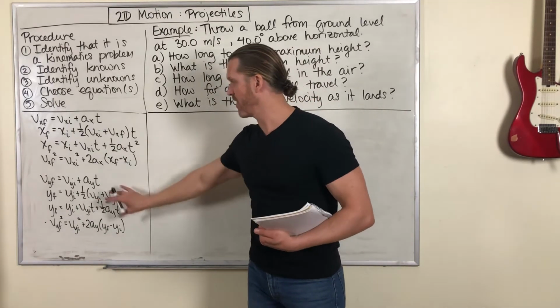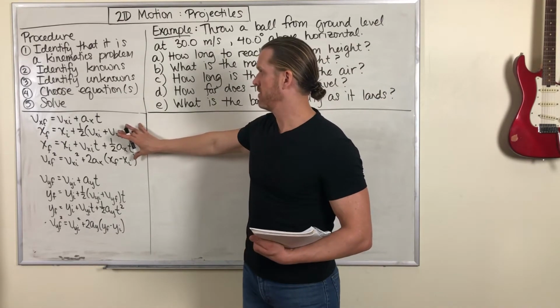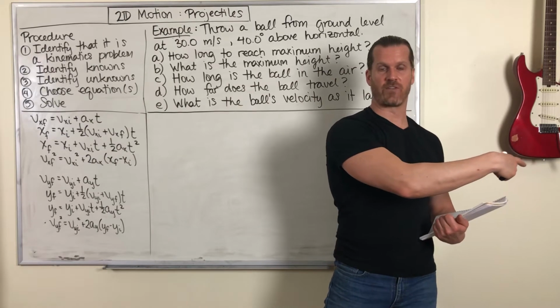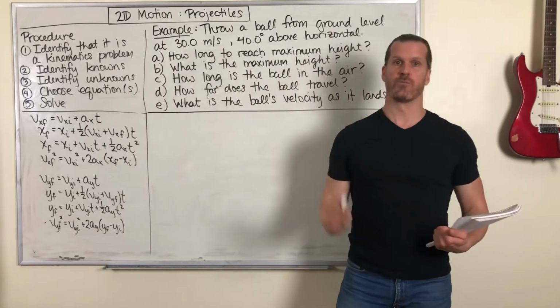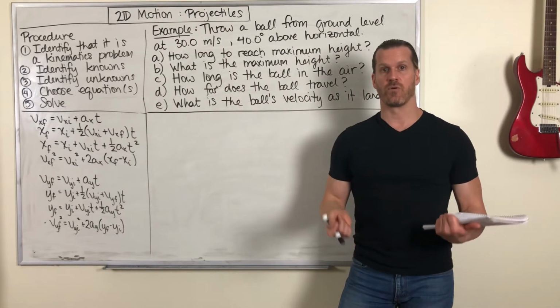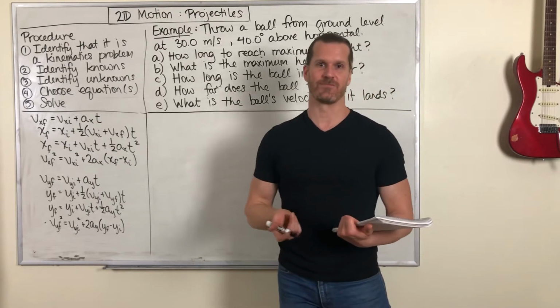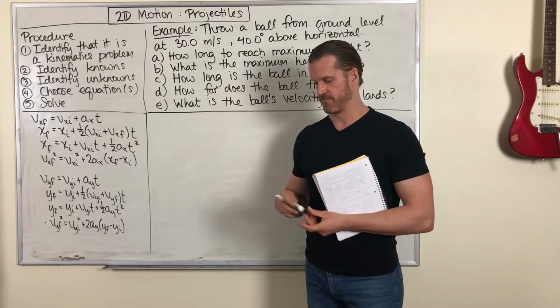So the same 4 equations, just written twice. These describe the horizontal motion of the projectile, of this ball, and these describe the vertical motion of the projectile. Remember, horizontal and vertical motion are independent of one another. They don't affect the other.